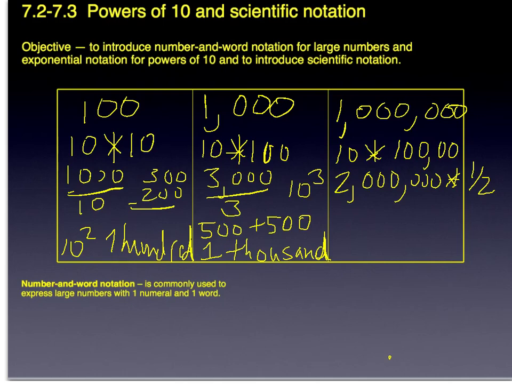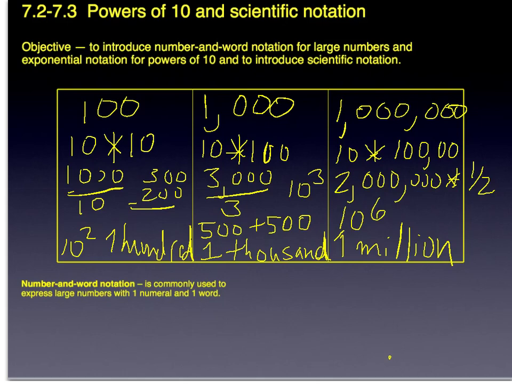Okay, you could write it 10 to the power of 6, or 1 and the word million. Okay, so you can come up with hundreds of different ways of renaming those three numbers.